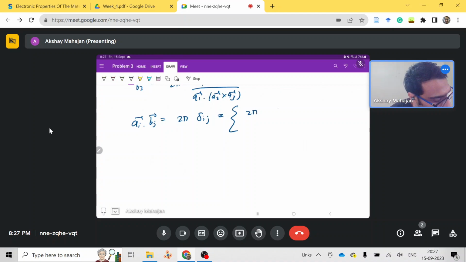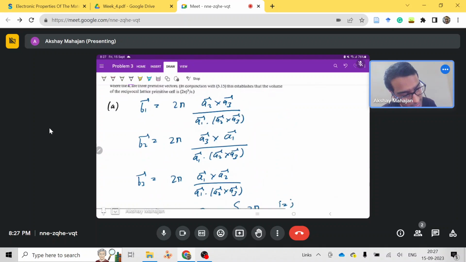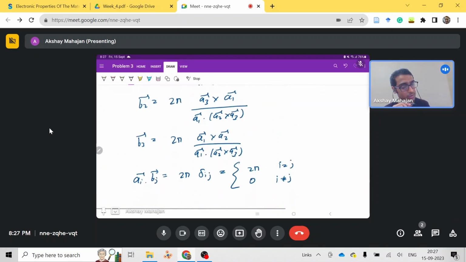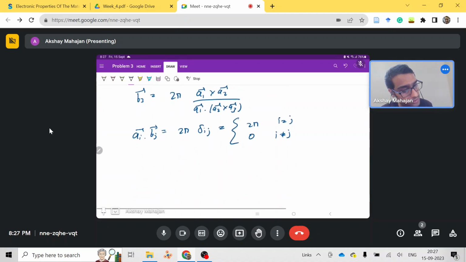So it is 2 pi for i equals j and equals 0 for i not equal to j. So we have to use this. This is the information that we already know from our lectures.